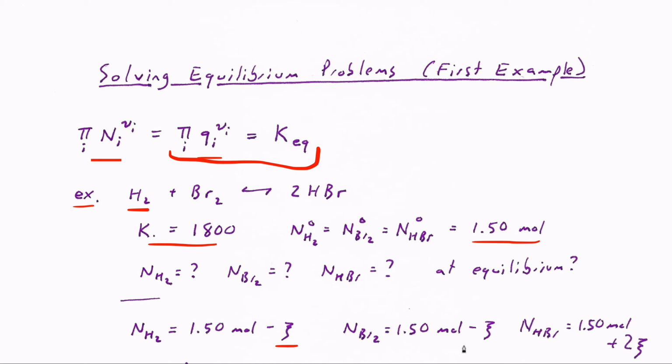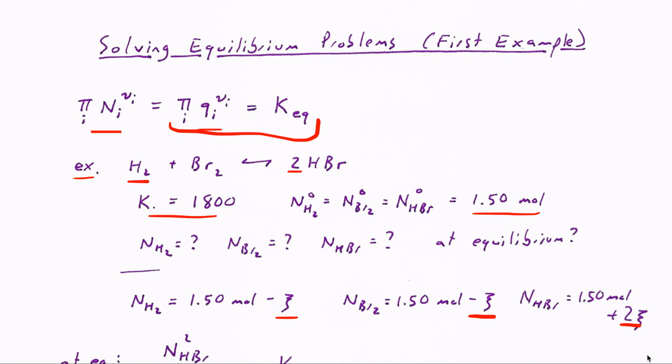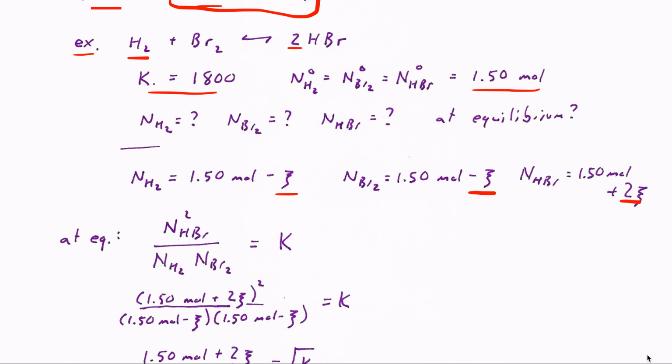Likewise for Br2, the initial amount 1.5 moles minus the extent of reaction. But for HBr, since it's on the product side and 2 moles are produced, the amount of HBr when the reaction has proceeded to some extent squiggle is 1.5 moles plus 2 times squiggle. So that tells us how much of each component there is.